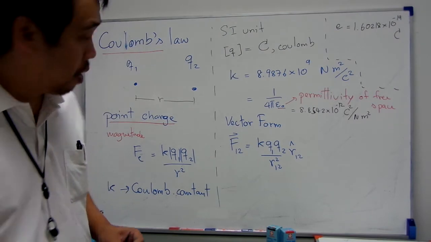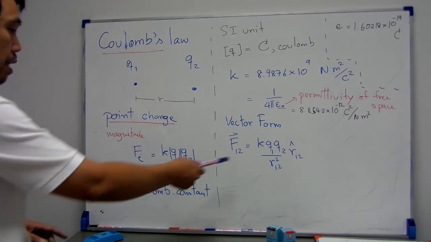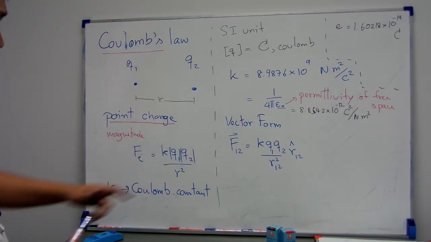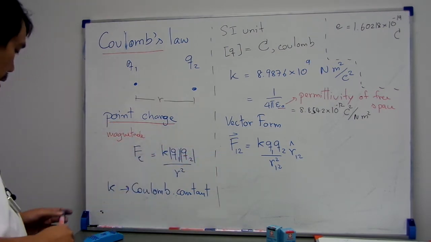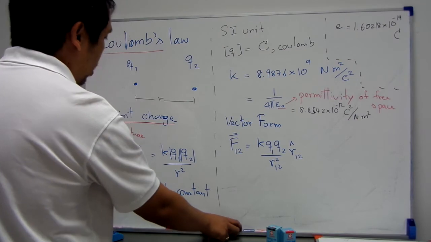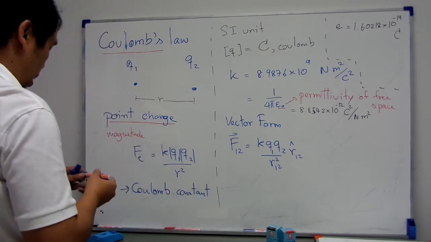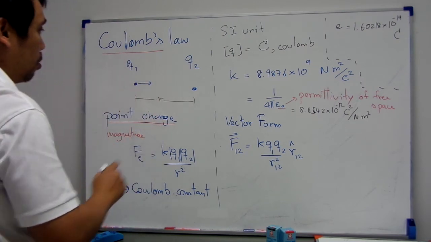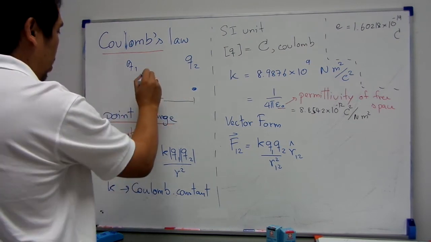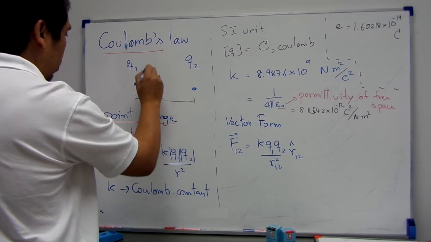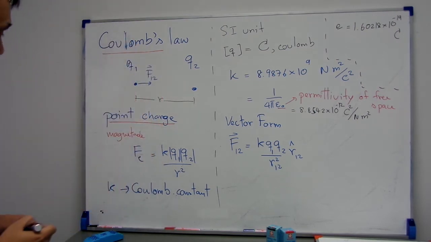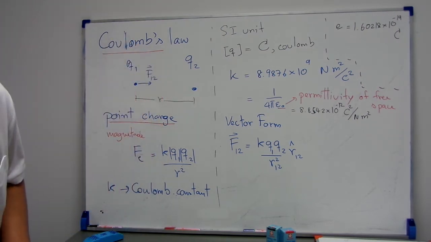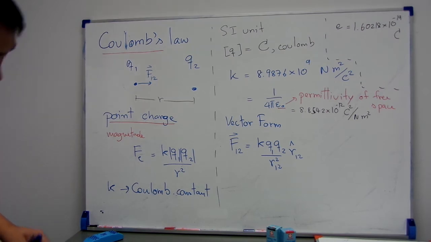Okay, so let's see the meaning of this equation. This F12 is the force on charge 1 due to charge number 2. So this is F12.